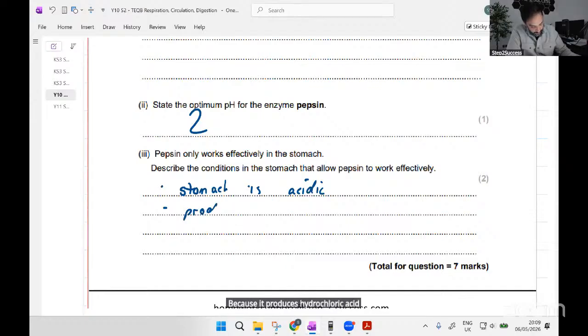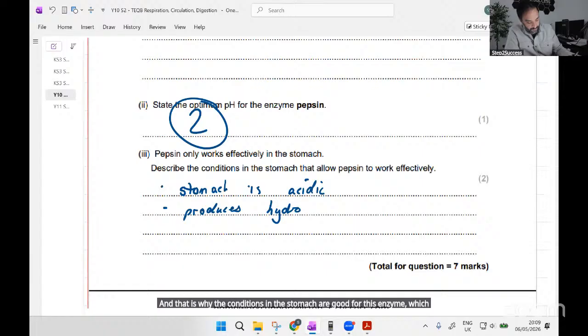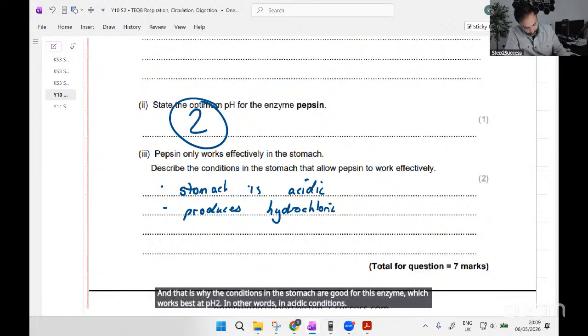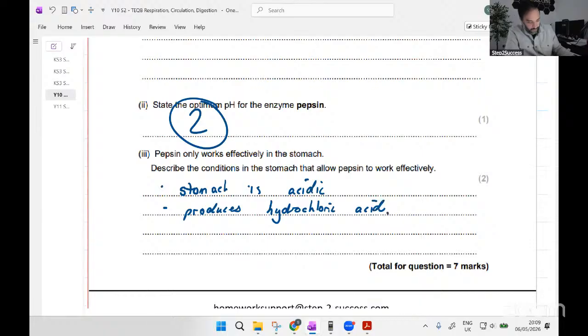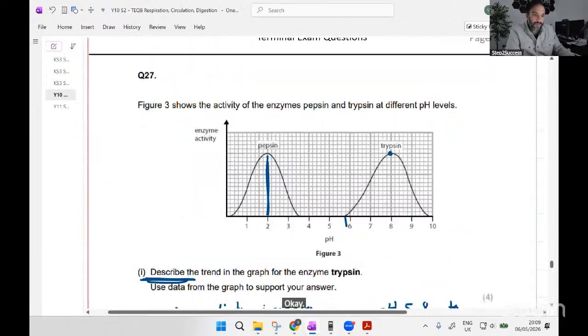And they are the 2 points. That is why the conditions in the stomach are good for this enzyme, which works best at pH 2. In other words, in acidic conditions. Okay, that is all of those questions.